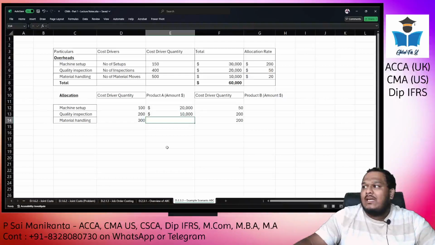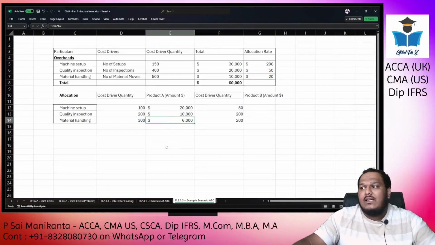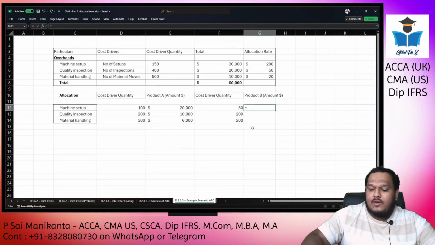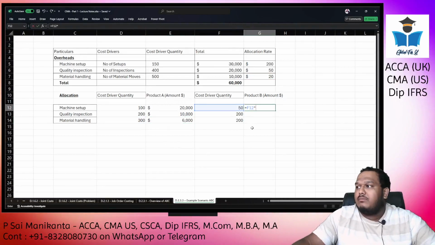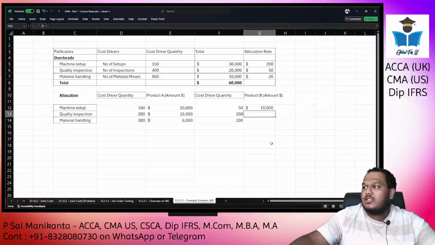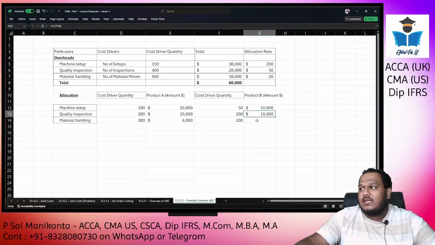Each material handling move is $20. For 300 moves, 20 into 300, that is 6,000. Similarly, for product B, 50 machine setups at 200 each is 10,000. 200 quality inspections at 50 each is another 10,000. 200 material handling moves at 20 each is $4,000.